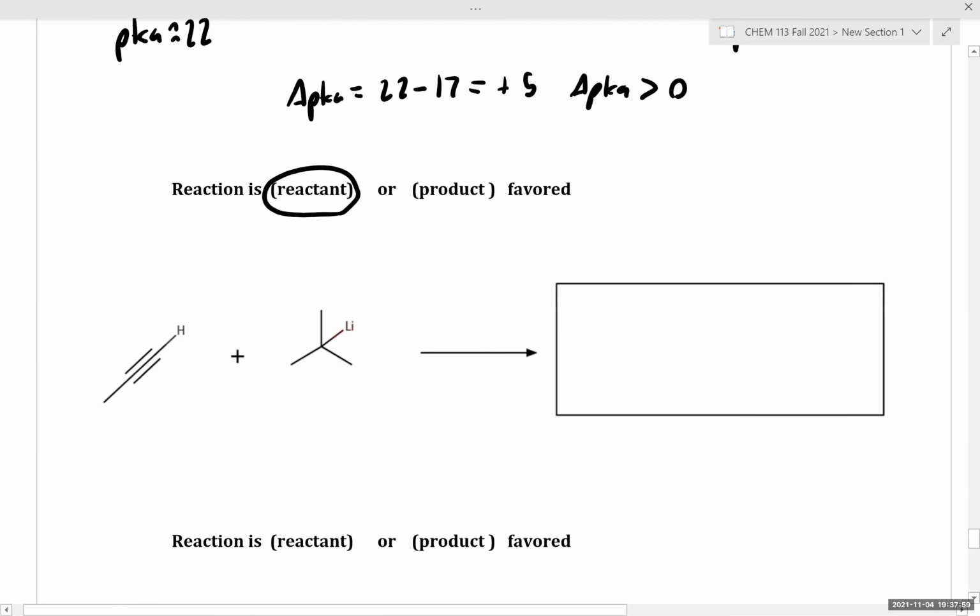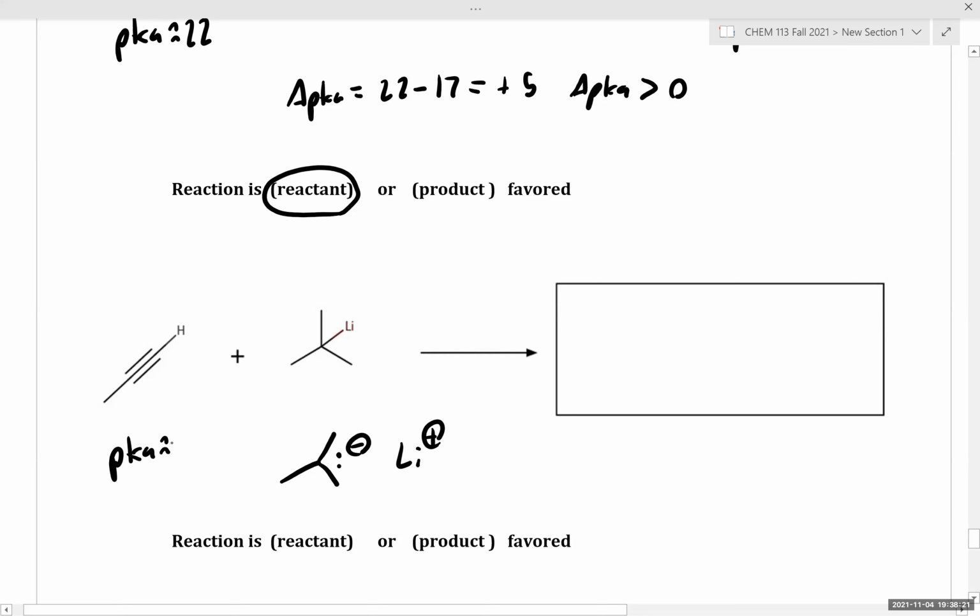Okay, so let's look at this next reaction. I'm going to draw out this tert-butyllithium in the ion form. Sometimes organometallic compounds are drawn with a bond to lithium, but tert-butyllithium really looks like this. It's the following anion. So first we have acetylene.